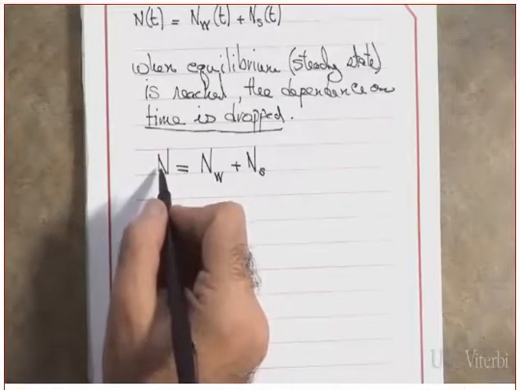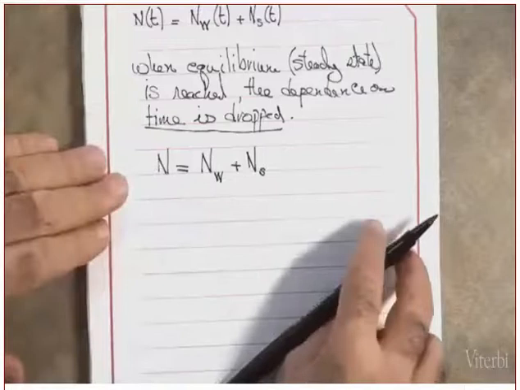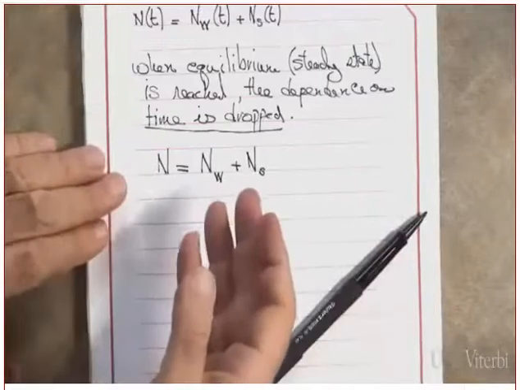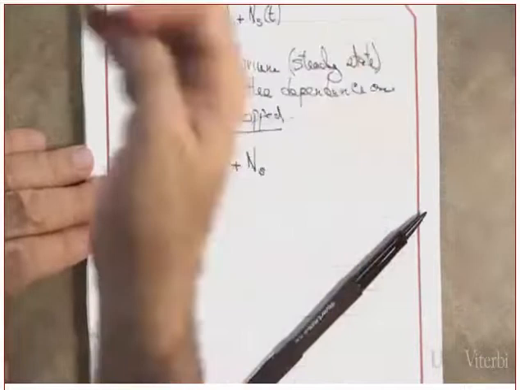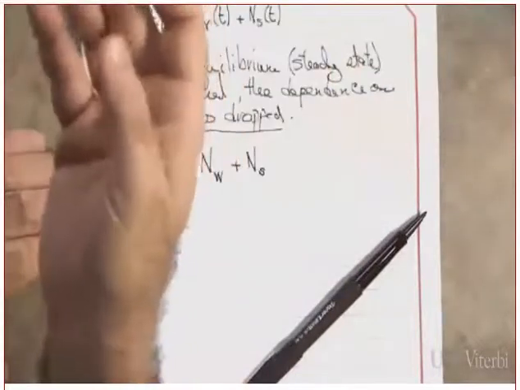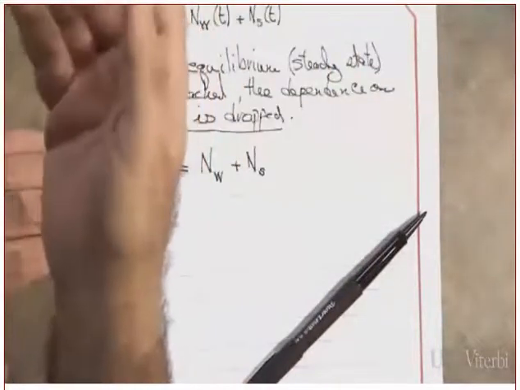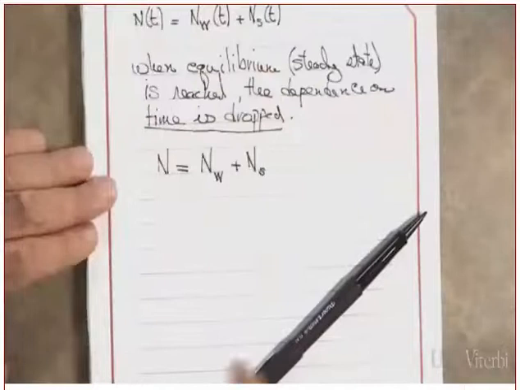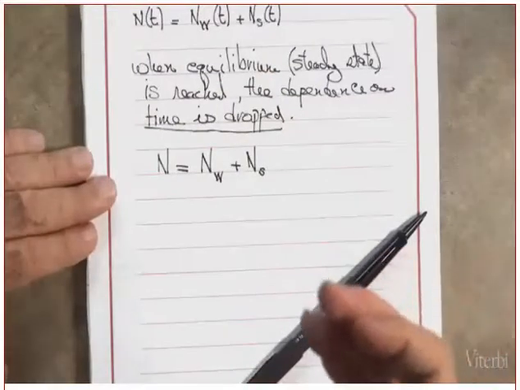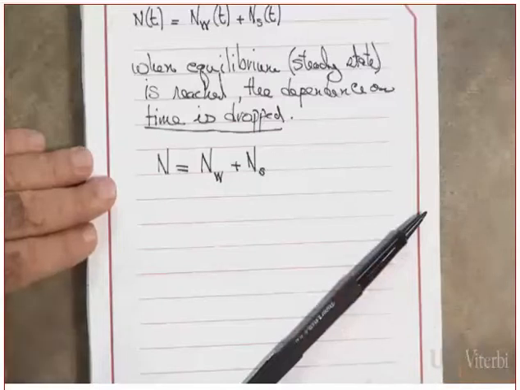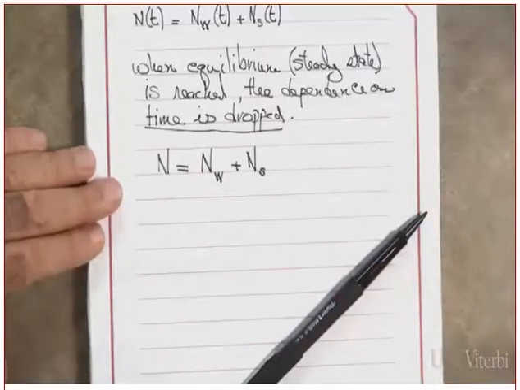The queue has reached the steady state. Why are we interested in the steady state? Any queue at the beginning, and let me ask a question. Any random experiment, when you begin performing it, at the beginning there will always be fluctuations. For example, tossing a coin. When you are tossing a coin, is it possible that in the first 5 tosses you will get heads?